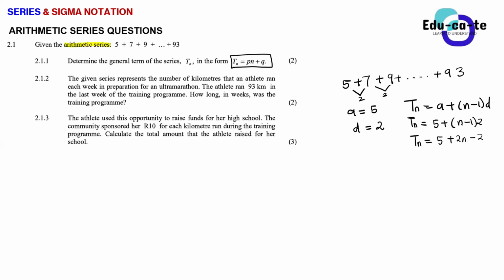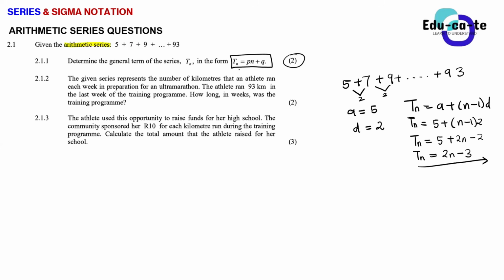You distribute the 2 inside, and then if you add up the like terms, which is 5 minus 2, you're gonna get positive 3. So this will be 2n plus 3. That is your Tn. Okay, this is 2n plus 3. That's 2 marks.